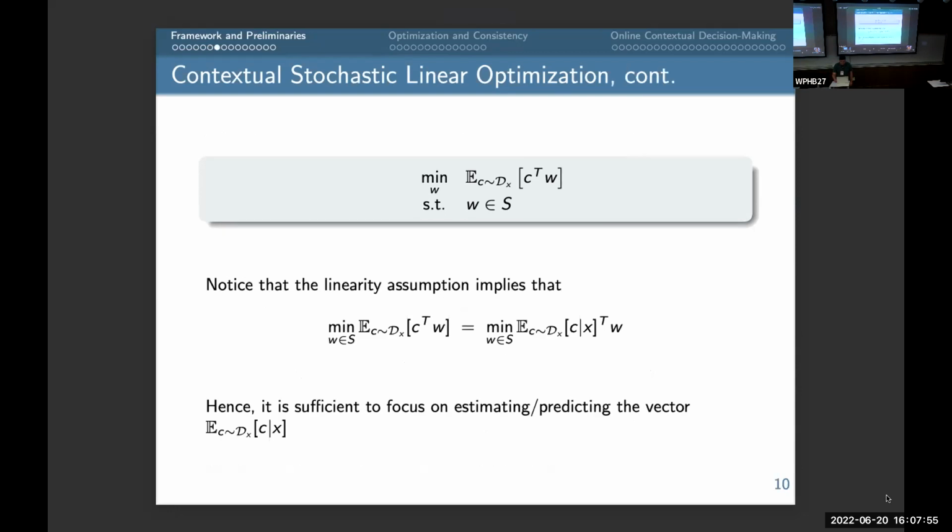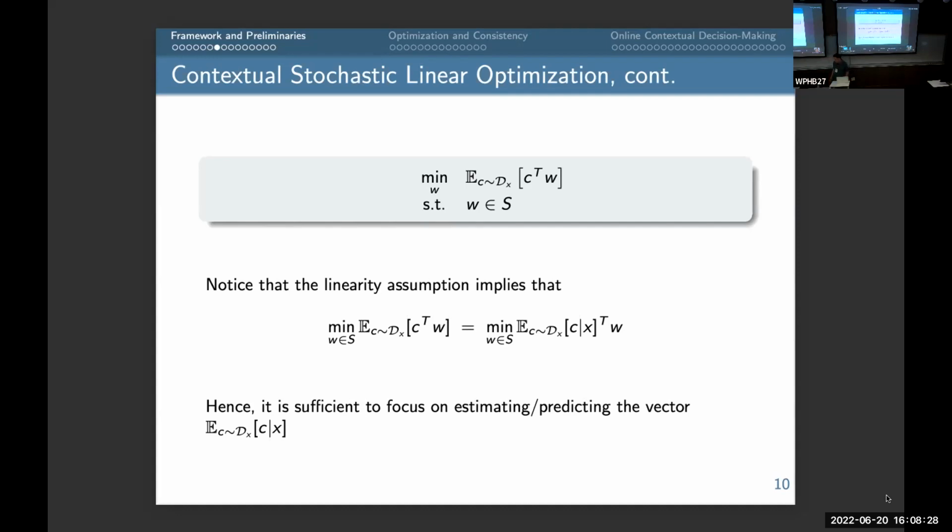Okay, so one thing to notice from the linearity assumption that makes things very convenient here is that by linearity of expectation, we can just say that the minimization of the conditional expectation is the same thing as minimizing one particular linear optimization problem given a very special cost vector, right? And that special cost vector is the expectation of C given X. So all else being equal, if we knew this conditional expectation of C given X, we'd be done.